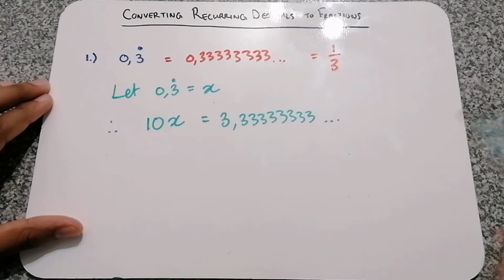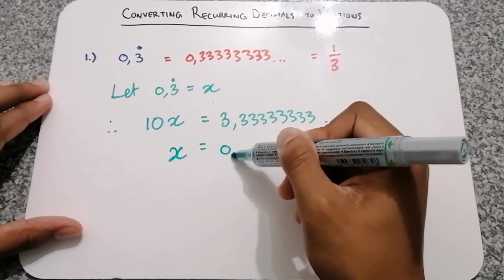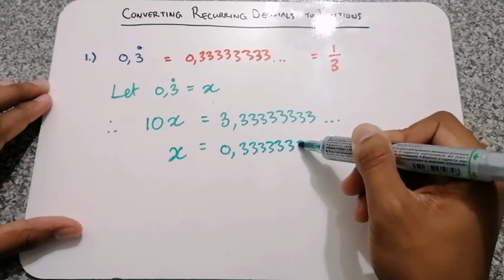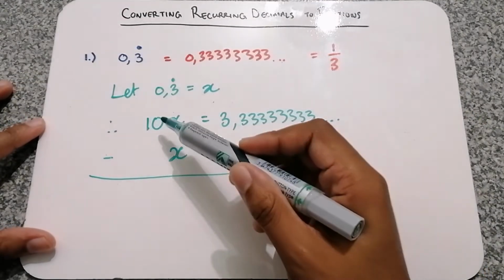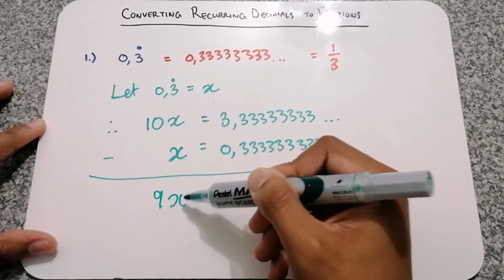Now, we said that this recurring decimal, being x, is 0.33333, all the same threes. If you were to minus the x from the 10x, we'd get 9x.